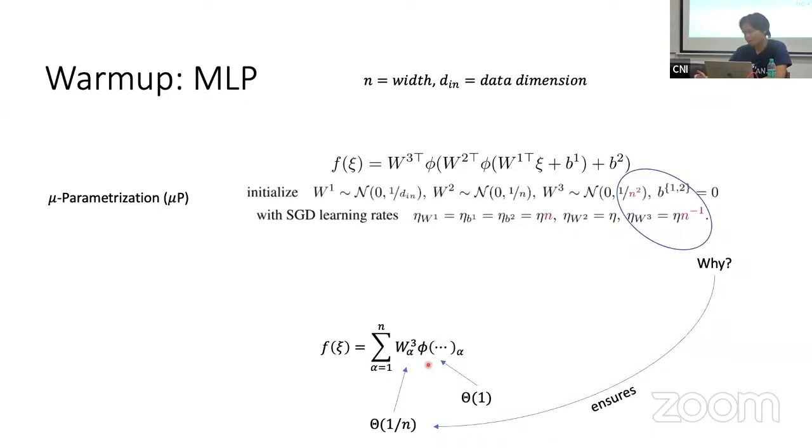Well, the way it evolves is through gradient descent: we add to W3 the learning rate times the gradient of W3. Well, the learning rate is on scale 1/n, so we just need to check that the gradient to W3 has order 1.